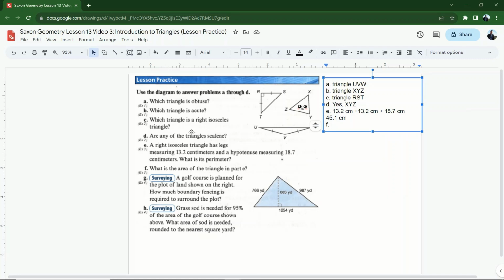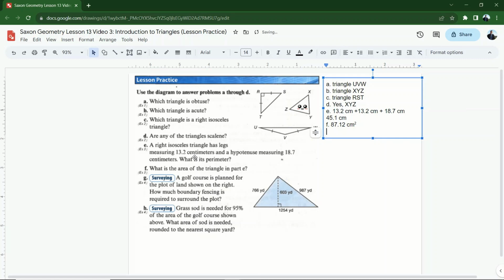But if I make one of my two legs of the right triangle the base, then this answer is simply going to be the leg times the other leg divided by 2. So I'm going to get a calculator and do 13.2 times 13.2 divided by 2, which gives me 87.12 centimeters squared.